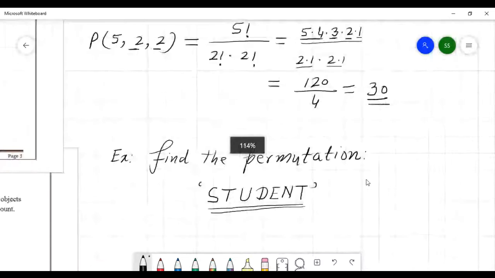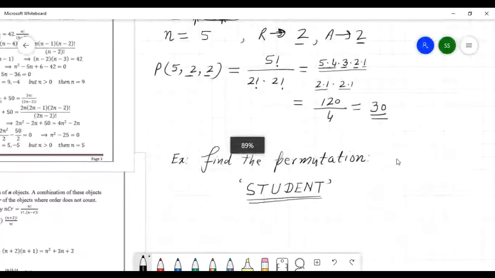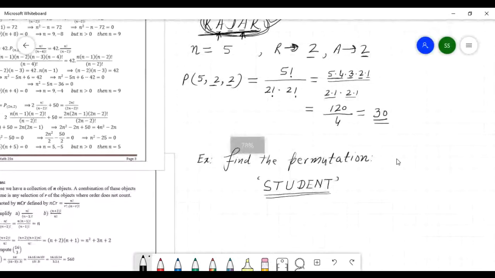If this is the word student, then find the permutation. Solve this.